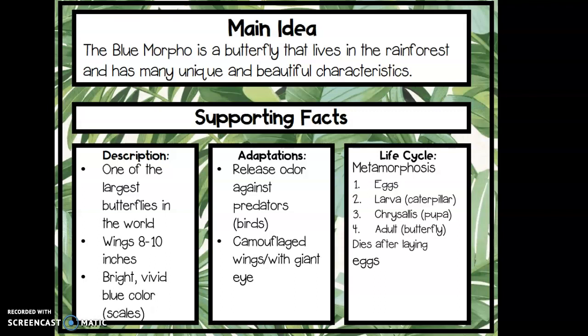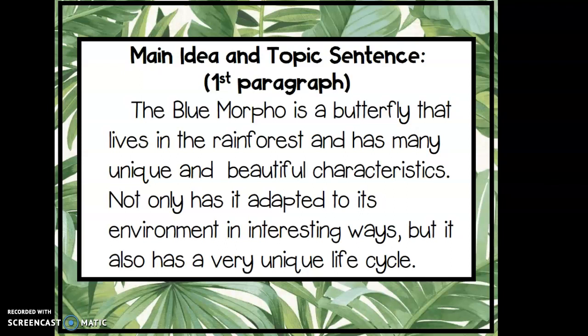And then after the butterfly's laid its eggs, it dies. So here is my first paragraph. The blue morpho is a butterfly that lives in the rainforest and has many unique and beautiful characteristics. Not only has it adapted to its environment in interesting ways, but it also has a very unique life cycle.